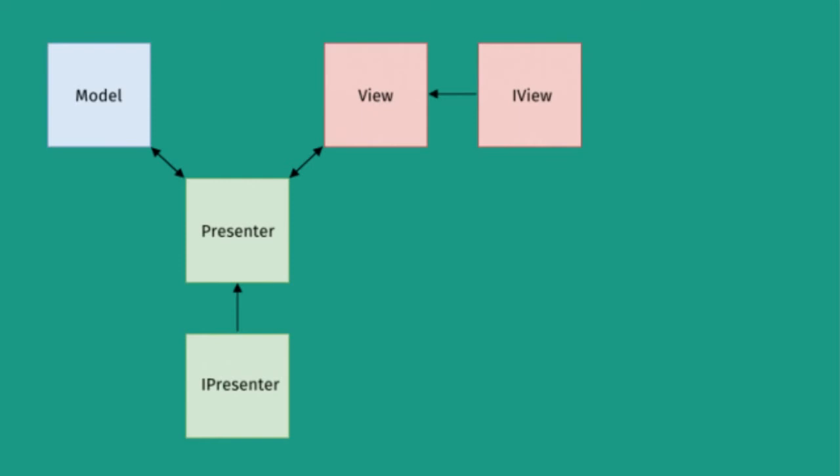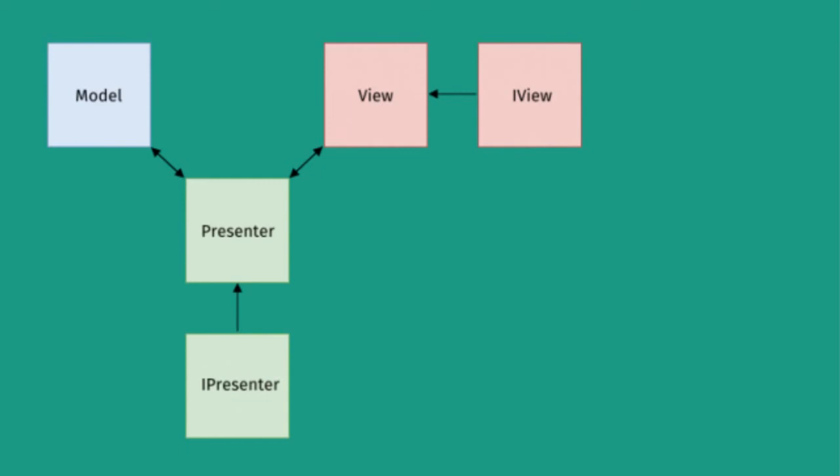The view will then receive the data through the presenter and update itself using the data received from the presenter. Now whenever you're changing the data based on some user action from the view, the same flow happens.